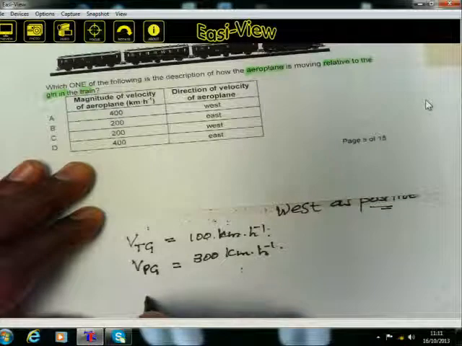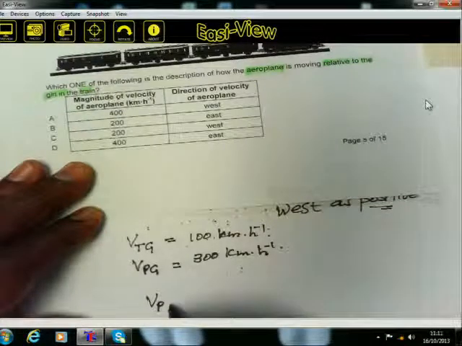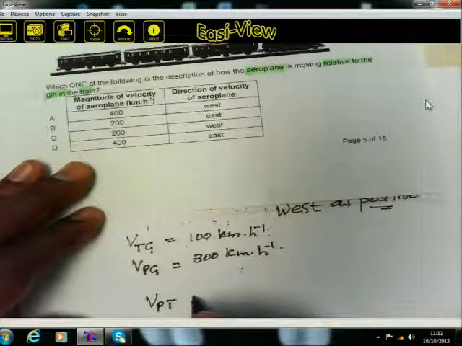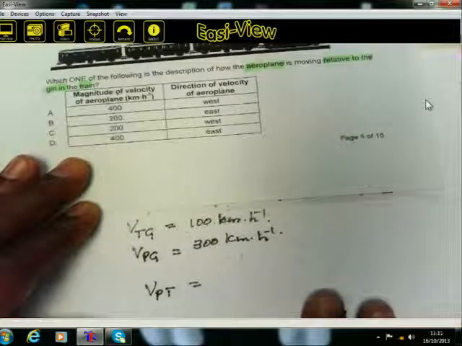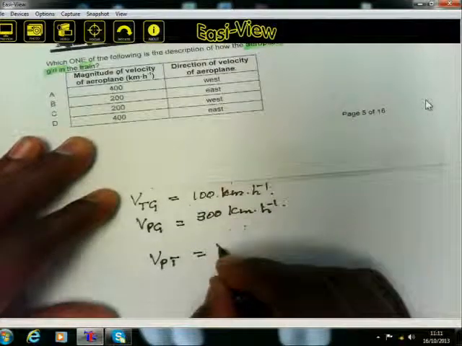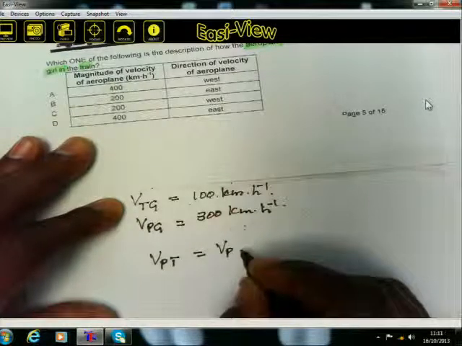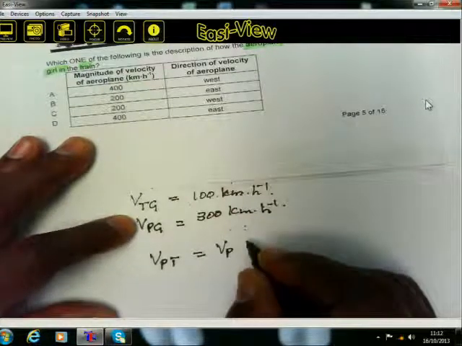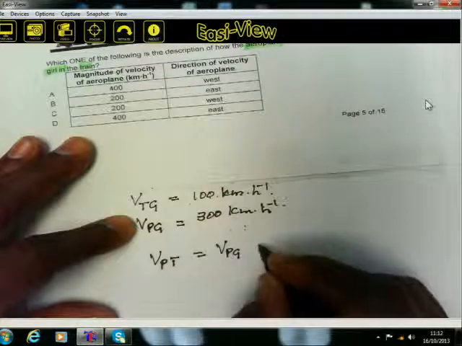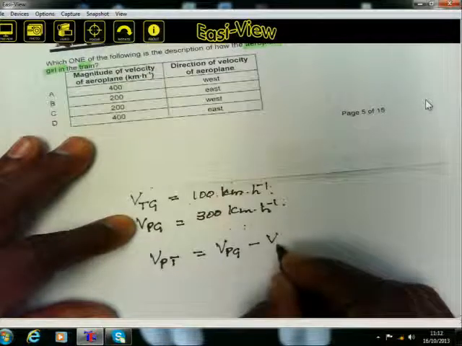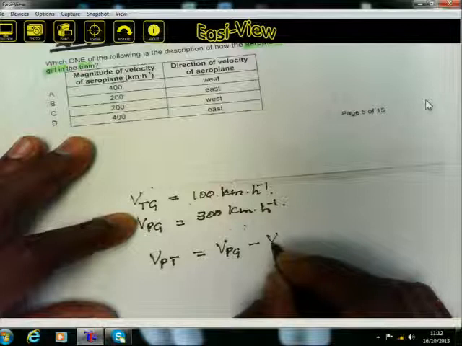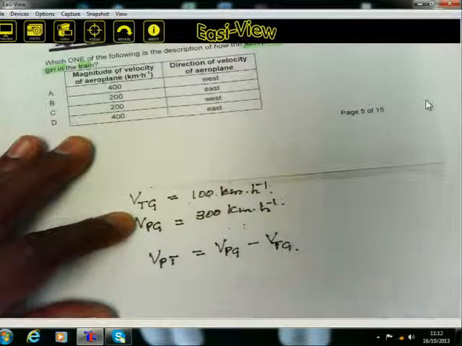Now we want the velocity of the plane relative to the train. That will be given by the velocity of the plane relative to the ground minus the velocity of the train relative to the ground.